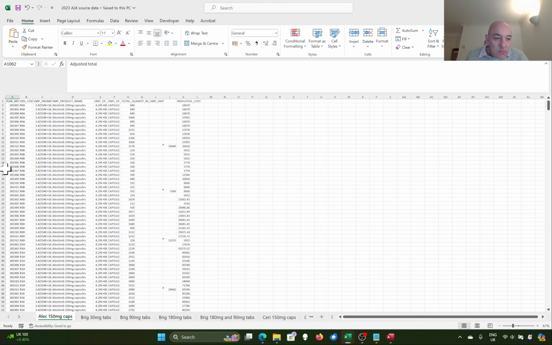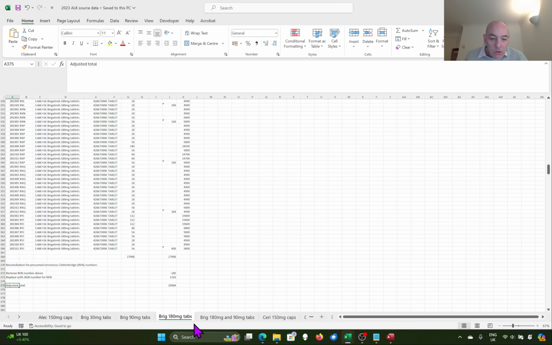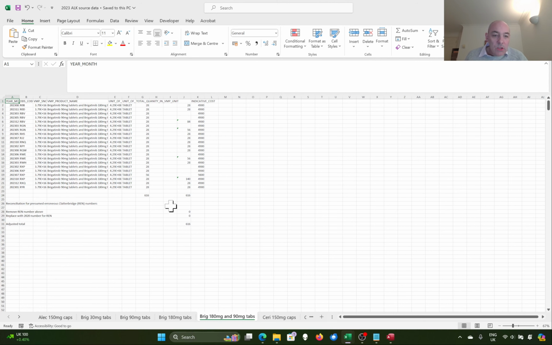That's the subtotal for hospital code ROA, that's the subtotal for ROB, ROD, and so on. Then different tabs are the 30 milligram brigatinib tablets, 90 milligram, 180 milligram, and so on. There's this strange one which is 180 and 90 milligram for some reason, but it's not really used much.